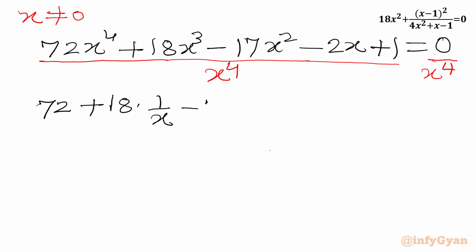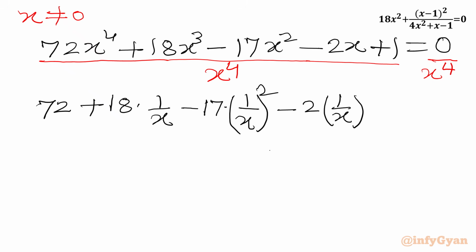Then we'll write −17 times 1 over x². Then we'll write −2 over x³, which we will write as (1 over x) whole cube. Then we have 1 over x⁴, which we will write as (1 over x) whole power 4. And the right hand side is 0.